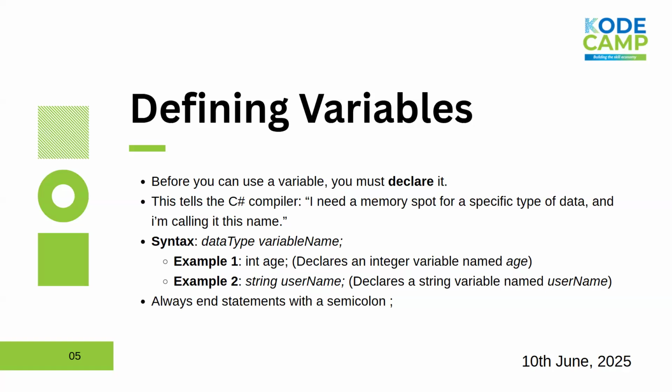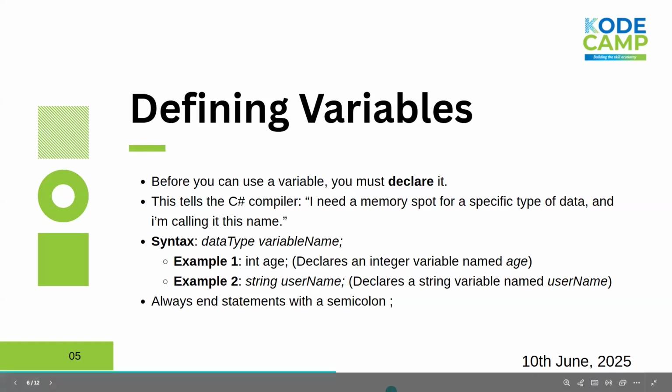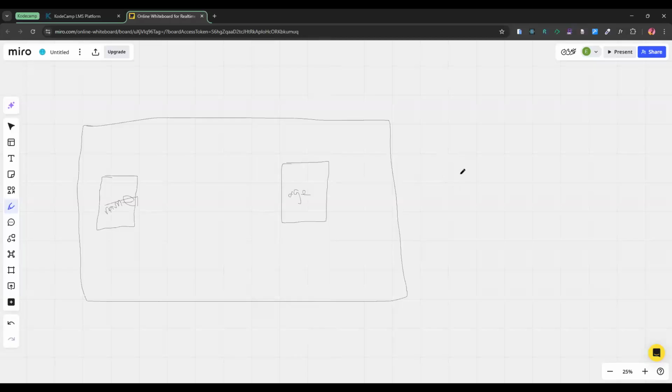If someone asks you, declare a variable for me, what does it mean to declare a variable? Let's go to the whiteboard so I can demonstrate what it means. Declaring a variable is simply giving the name of the variable.